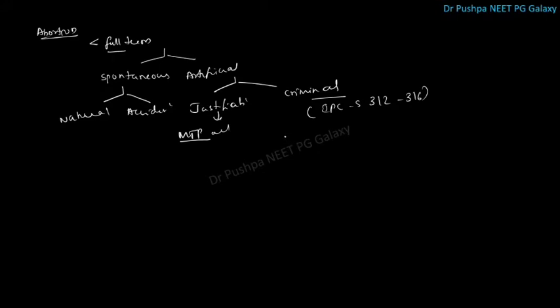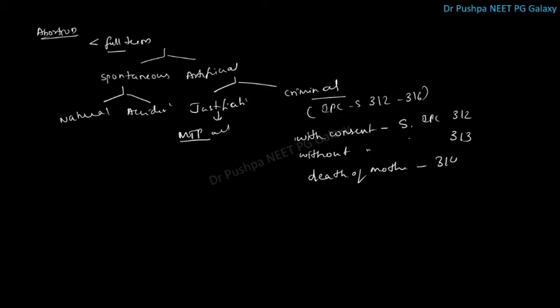So if we do criminal abortion with consent, it comes in section 312. And if we do criminal abortion without consent of the mother, it will come under section 313. And if criminal abortion causes death of the mother, it comes under section 314.